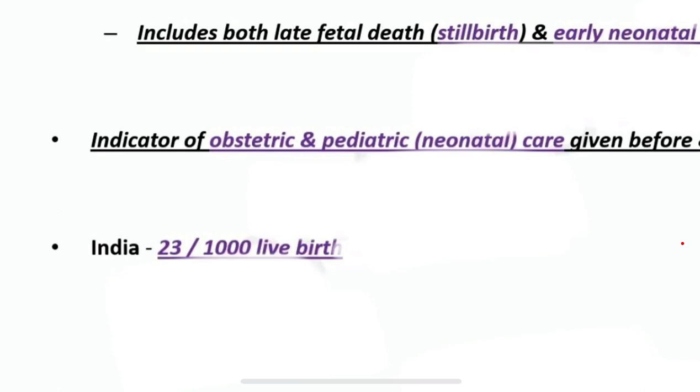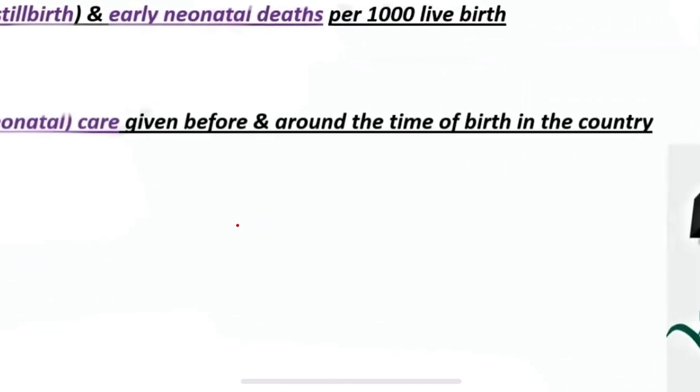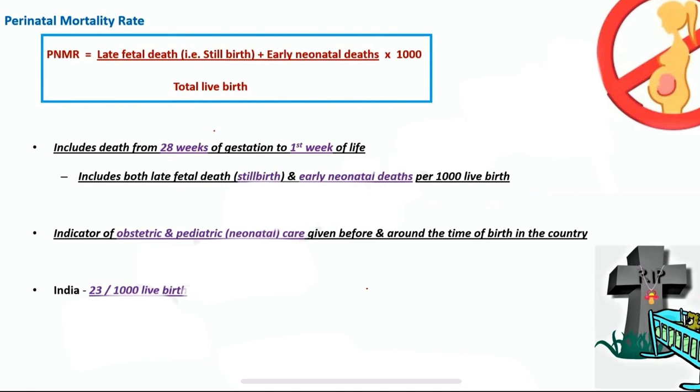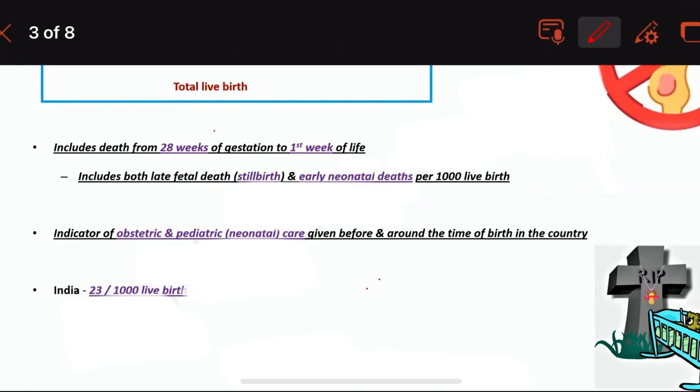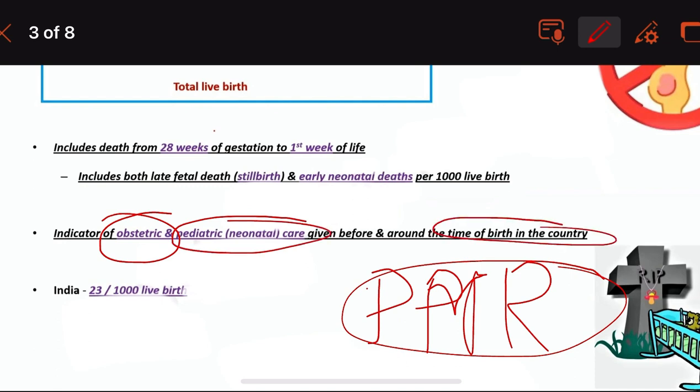The obstetric care, and under the pediatric group, the neonatal care, before and around the time of birth or delivery in the country. So the perinatal mortality rate is an indicator of obstetric and pediatric care given at the time of birth in the country.